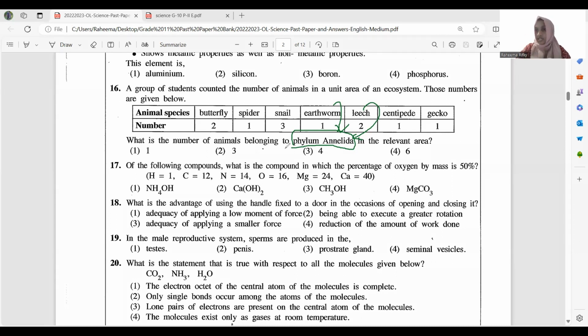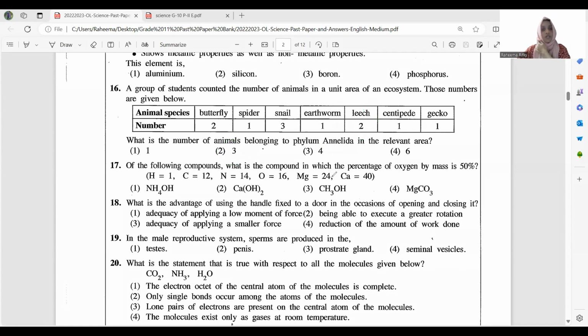You can see they are analyzing animal species names, and even if it comes to a system, or cells, tissues or something, if there are examples that they have mentioned, you should keep them in mind because they can be asked in the MCQ paper. Right. So we have earthworm 1, leech 2. Altogether, we have three animals.